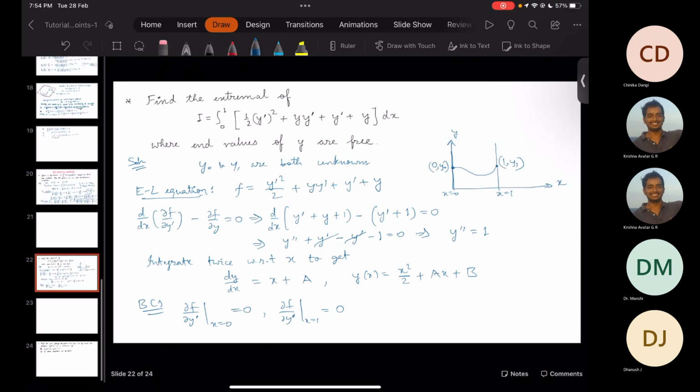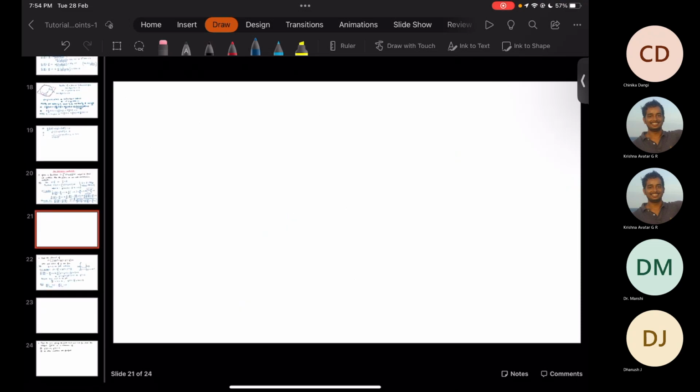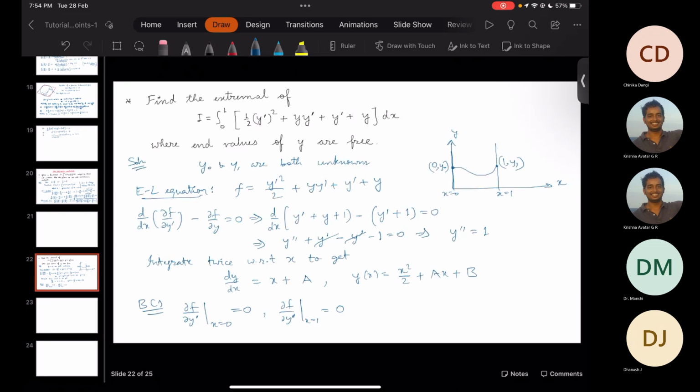Okay, so let's start with the first one. So this is our boundary condition, so to speak. So del f by del y prime at x equals 0, it's nothing but y prime plus y plus 1 at x equals 0 is 0.